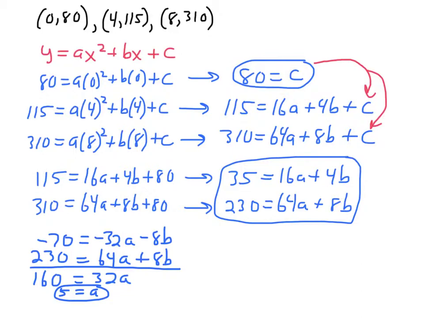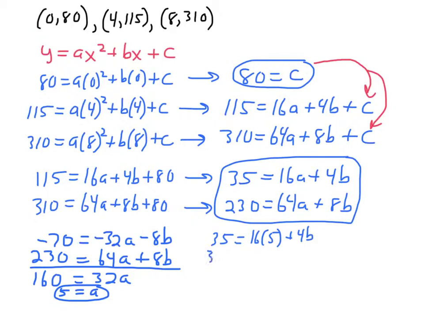Now that we know a, we can substitute that answer into either one of these two equations, and we can find b. So if I plug it into the top equation, we'd have 35 equals 16 times 5 plus 4b.